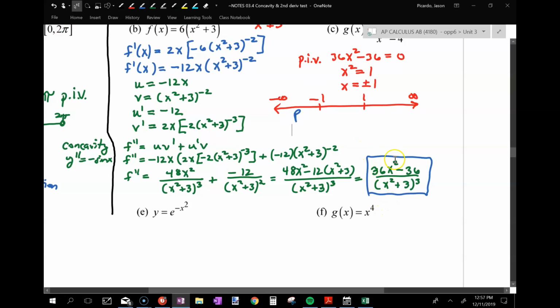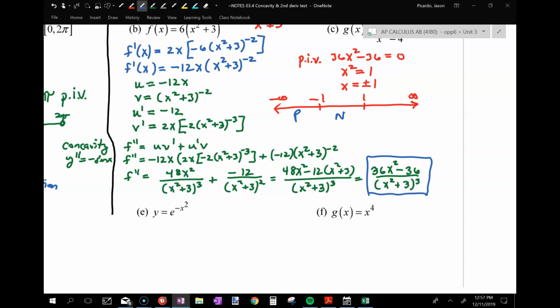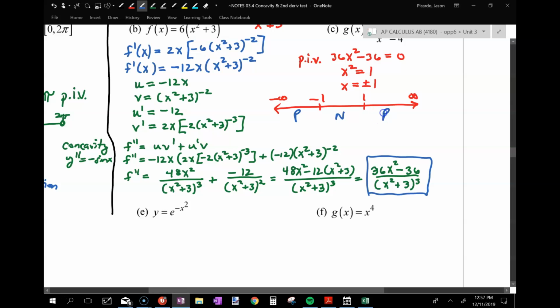Plug in 0. 36 times 0 squared minus 36. Negative. Plug in 10. 36 times 10 squared minus 36. Back to being positive. So what did we do? We went from a positive to a negative. We went from a negative to a positive. We've already said that these are in the domain, right?